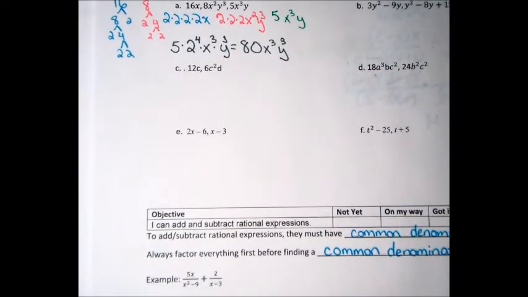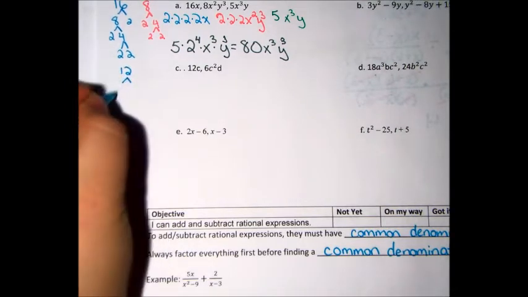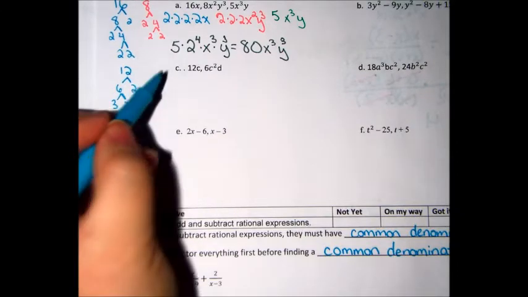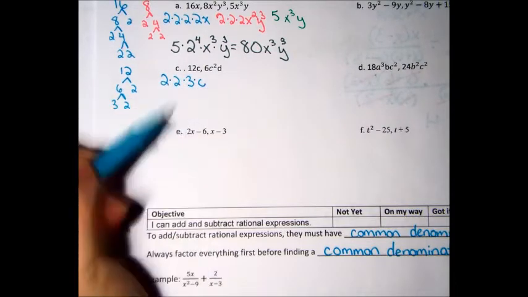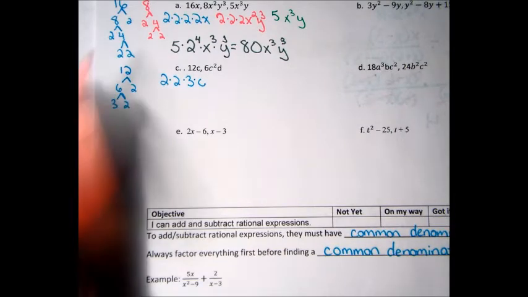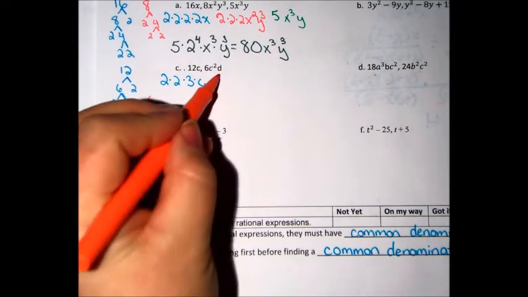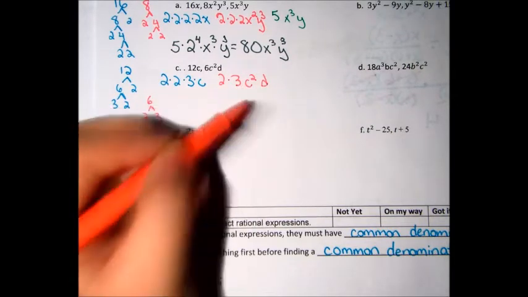So we're going to move to C next. The first thing we're going to do is the prime factorization of 12c. 12 is 6 and 2, 3 and 2, so 12 is made up of 2 times 2 times 3, and there's 1 c. 6 is made up of just 2 and 3, with 2 c's and 1 d.